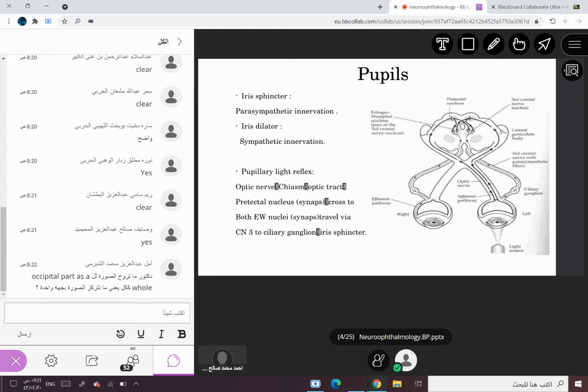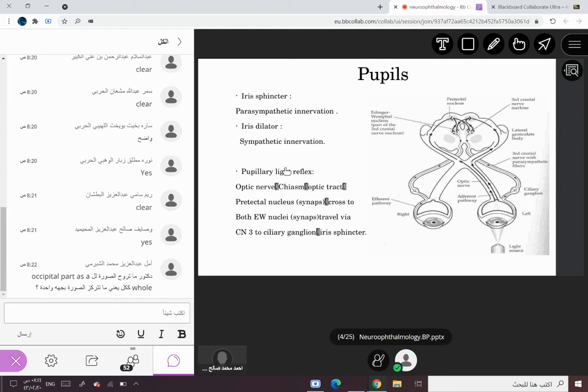So the red reflex uses the direct ophthalmoscope to detect it. In the pupillary light reflex and in corneal light reflex, no need to use the direct ophthalmoscope. You can use the light of the direct ophthalmoscope, or any light.